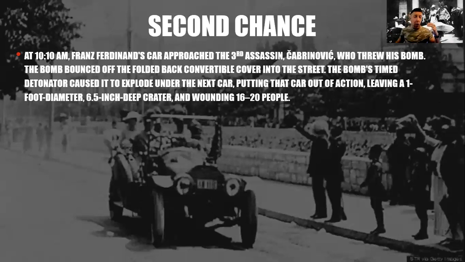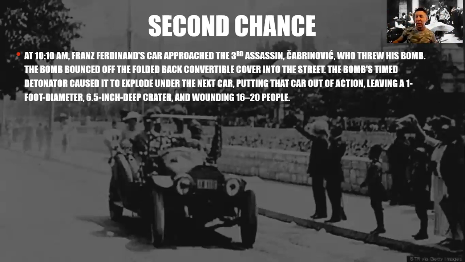Now, the whole idea was that they were going to kill the Archduke and then they were going to kill themselves. The Black Hand Gang thought that this was basically a suicide mission, and they had cyanide pills. Their thought was kill them, take cyanide, die, become martyrs. The Slavic people would rise up and you'd have revolution.